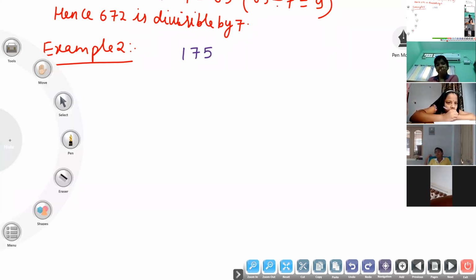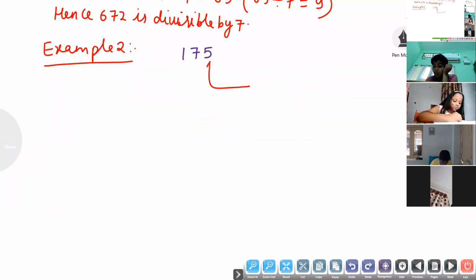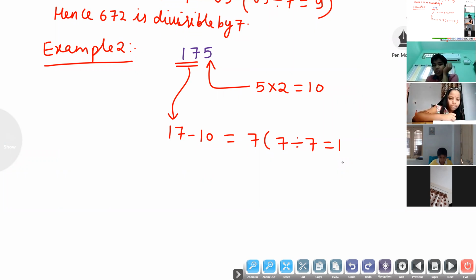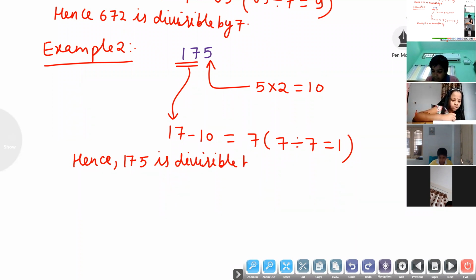Double the last digit. The last digit is 5. 5 into 2 is 10. The remaining digits are 17. 17 minus double the last digit: 17 minus 10 is equal to 7. Now, does 7 come in the 7 table? Yes. Hence 175 is divisible by 7.